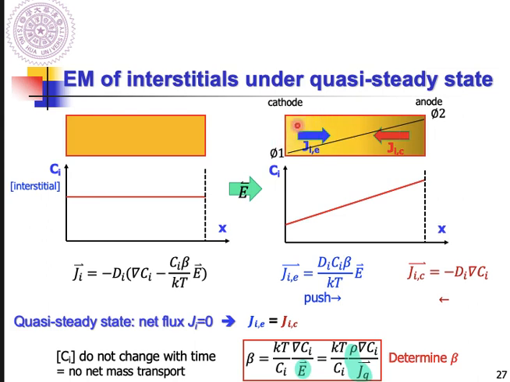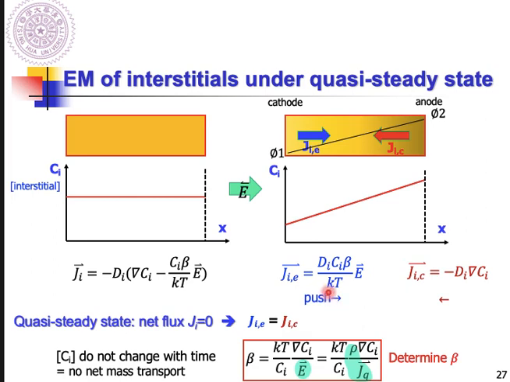That will result in a current passing toward the left-hand side, which implies that your electron flow will go in the opposite direction, right? It goes to the right-hand side. This electron flow is going to push the atoms from the left-hand side toward the right-hand side, so you are going to have this kind of profile of the interstitial. And this is an atomic flux driven by the electron flow.